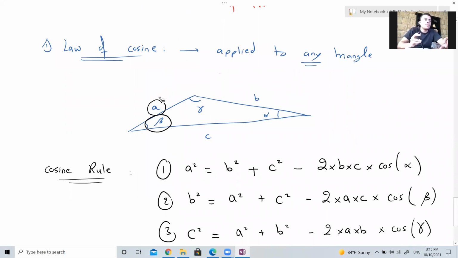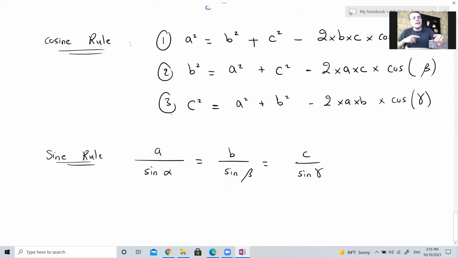Understood? Each side over the sine of the angle facing it.